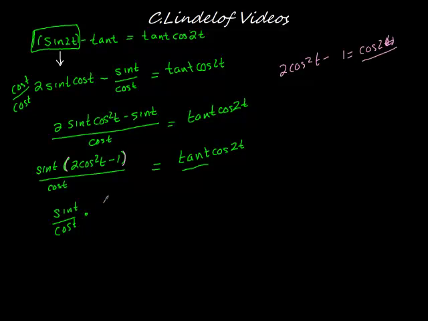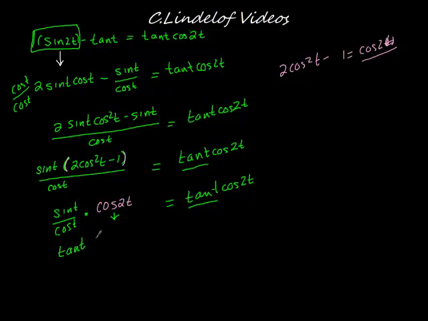So times cosine 2t is equal to tan t cosine 2t. And this is not cosine squared t, it's cosine 2t, right?